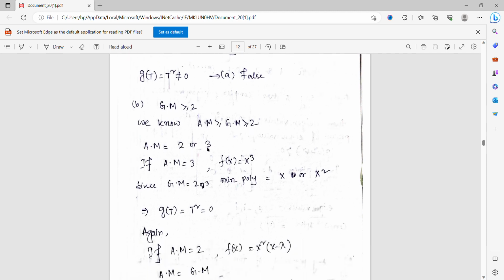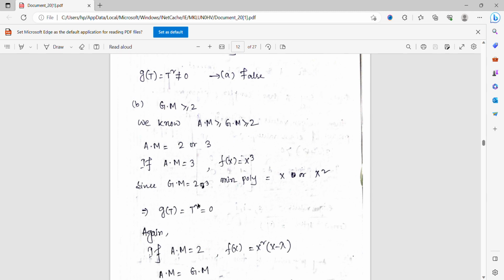If algebraic multiplicity is 3, then f(x) equal to x cube. Since geometric multiplicity is 2 or 3, the minimal polynomial must be x or x square. So that implies g(T) equal to T square is always 0. Because if the minimal polynomial is x, that means T equal to 0, and if the minimal polynomial is x square, then T square equal to 0. Since g(T) is equal to T square, it will always be 0.